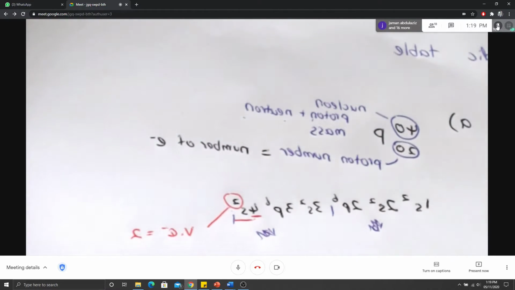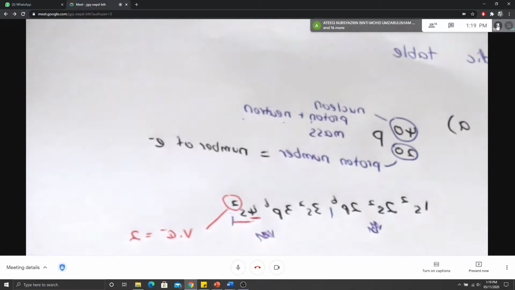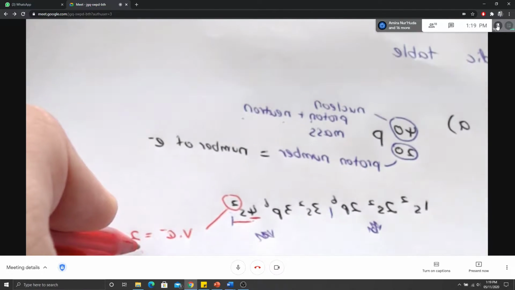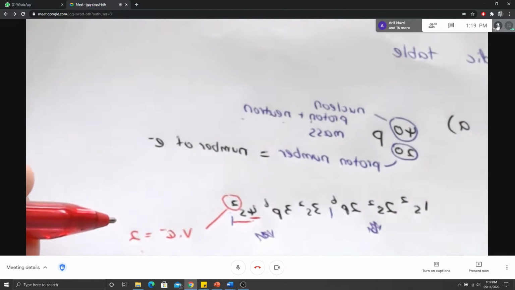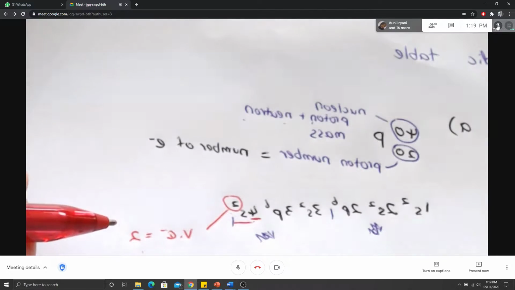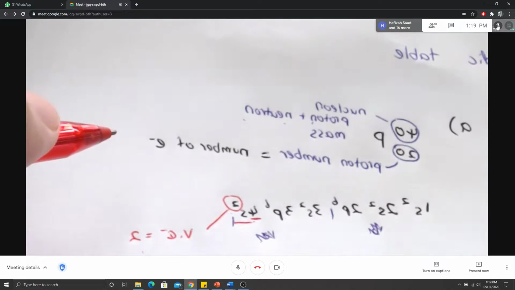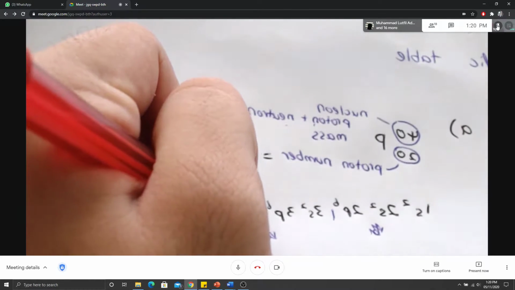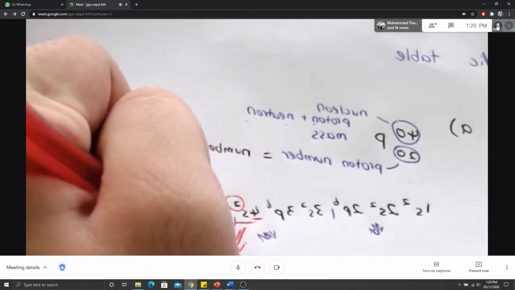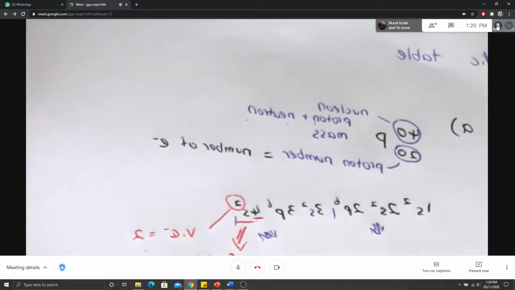And then we haven't answered the question yet. They ask for group, period and block. So we want to know which group it is. Based on valence electron, can we know the group? Yes. If the valence electron is 2, which group? Group 2. Okay, it could be group 2 or group 12, right? But remember I said, for the groups on the right side, 13, 14, 15, 16, those are only for the P block. Since this one is S block, the valence electron is the group number.